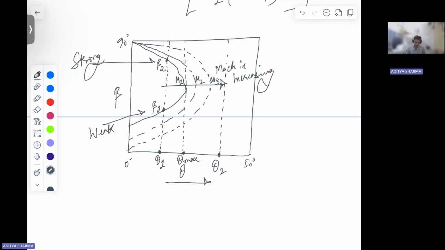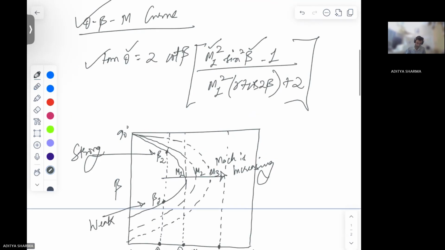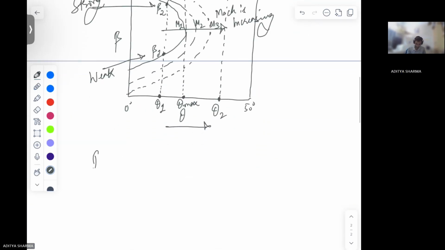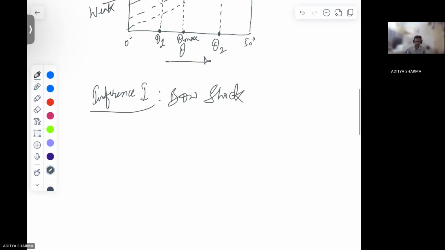So this is inference number one, which is related to your bow shock. Inference two is related to the two solutions of this theta-beta-M relation.